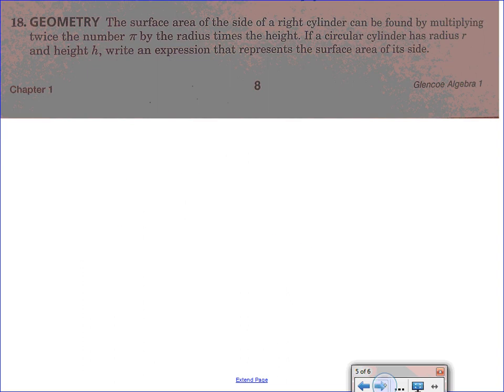And the last problem. The surface area of the side of a right cylinder can be found by multiplying twice pi by the radius. So we're multiplying the radius and then also multiplying the height.